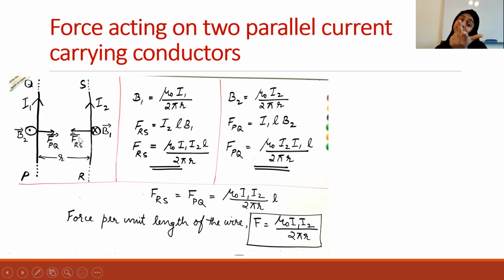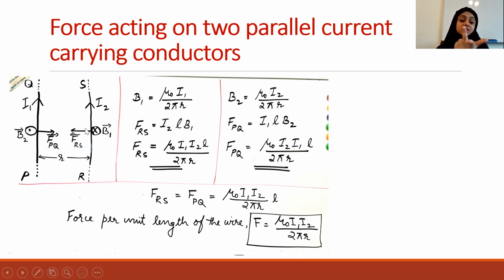Using Fleming's left hand rule. So if a wire RS is placed near a current carrying conductor PQ, due to the magnetic field produced by this current I1, that is B1, it will experience a force towards PQ in this direction. Is that clear to you?